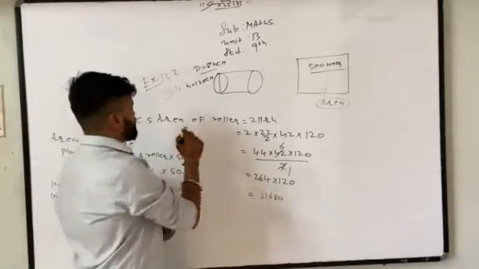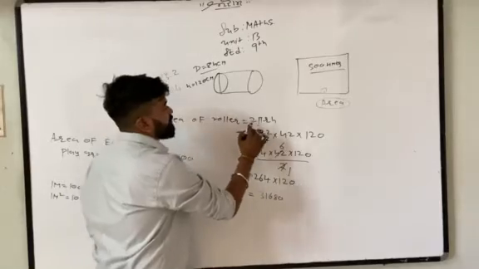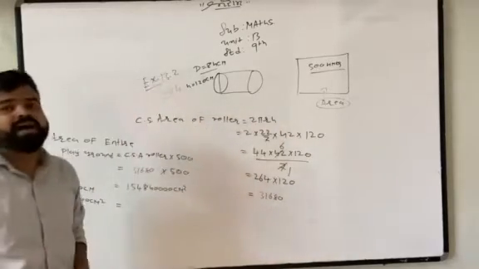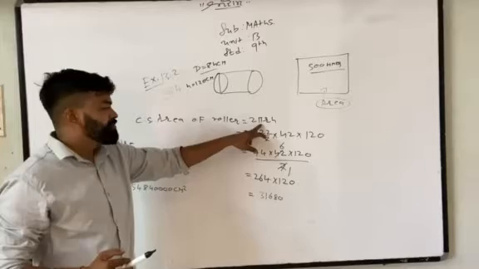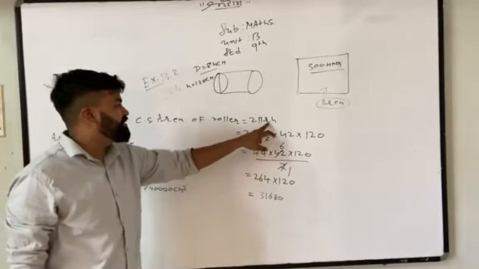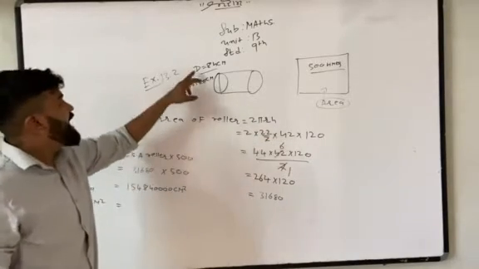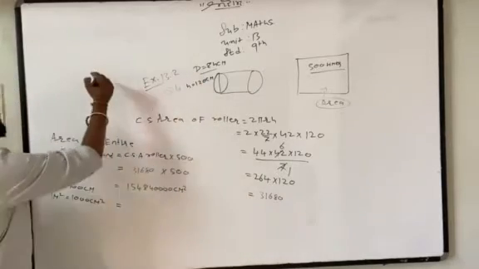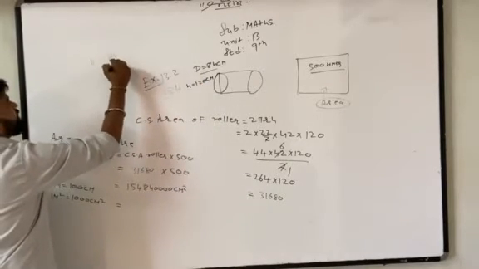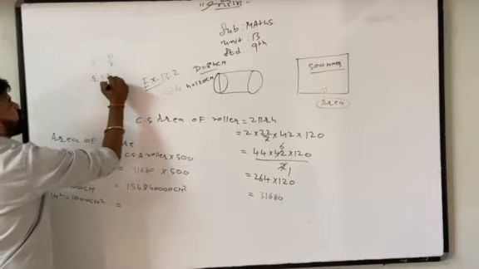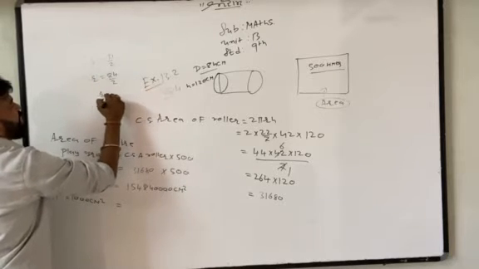So first of all, the CSA of roller, we have the formula 2 pi RH. The value of pi is 22 by 7. As the diameter is given 84, the value of R is equal to d divided by 2, that is 84 by 2, so the value of R will be 42.